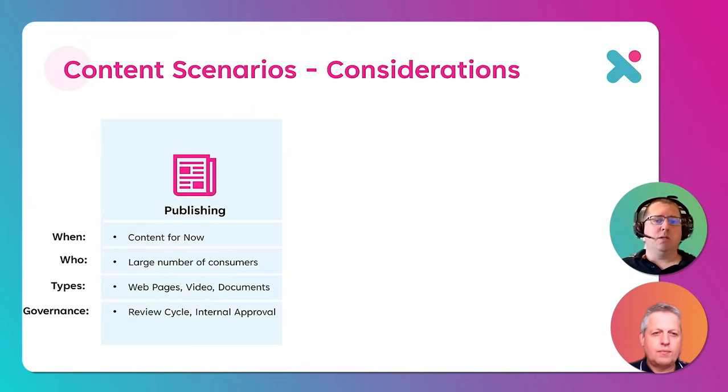Okay, so it's a large number of consumers and perhaps a small number of creators. Types of content are going to be quite varied: web pages, rich text, rich media content, videos, documents, images, etc. And from a governance perspective, we may be seeing things like content review cycles. We may be seeing things like internal approval when news articles are being published, for example. But I'm guessing it doesn't have to have an approval process.